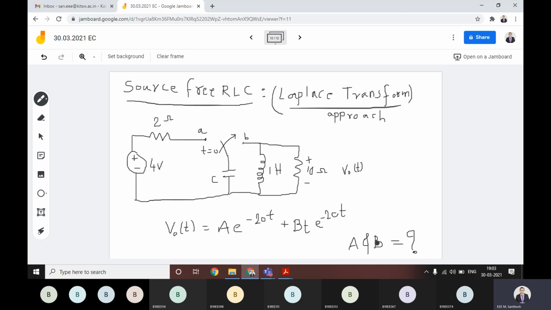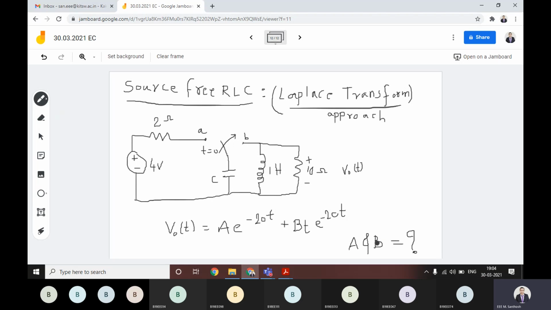You have to apply Laplace transform, that's for sure. Then can anyone tell us how to apply Laplace transform for this kind of circuit? First, at t is equal to 0 minus, we'll understand from the start.